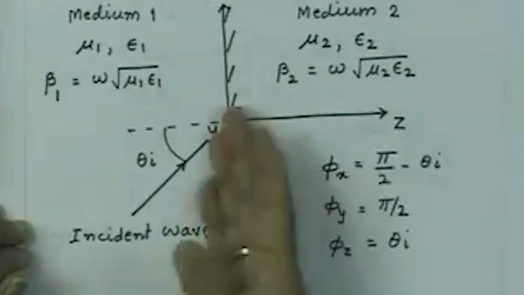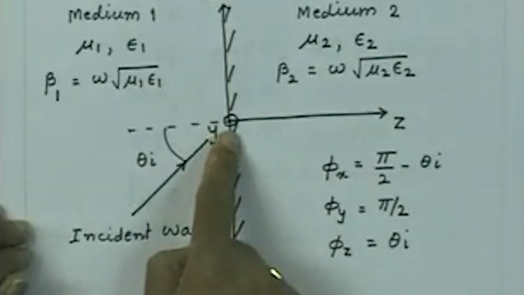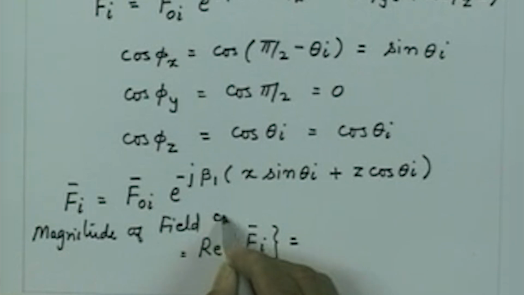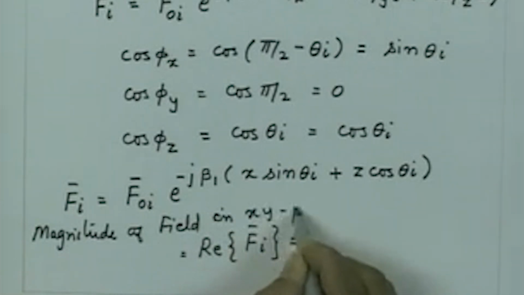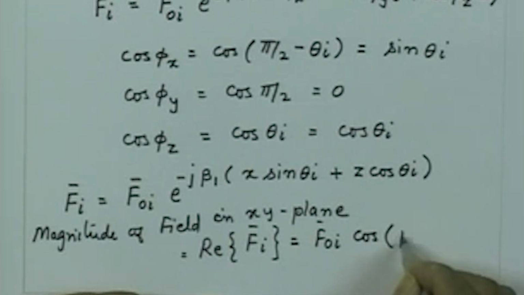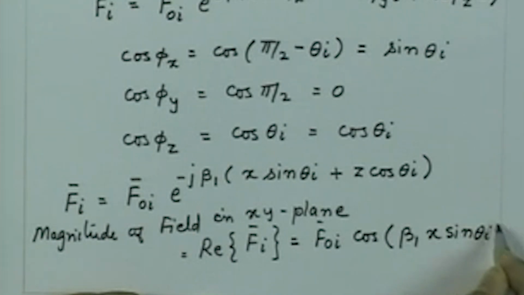So, since I have taken the origin z equal to 0 here, I can substitute z equal to 0 in this and I get the magnitude of the field in xy plane. So, that is z equal to 0. So, that will be your F0I cosine of beta 1 x sin theta I.